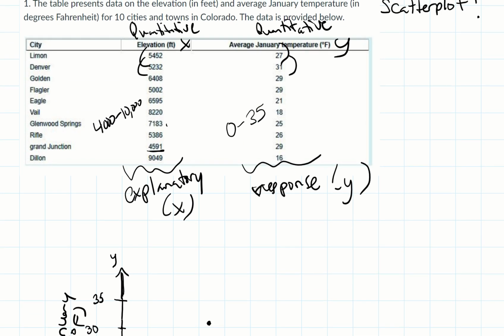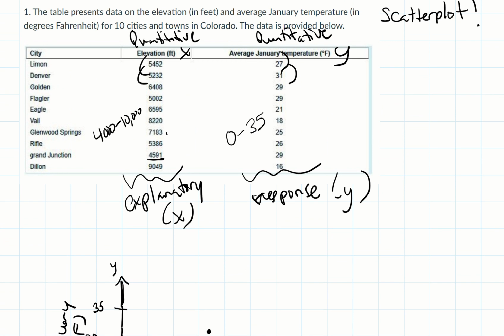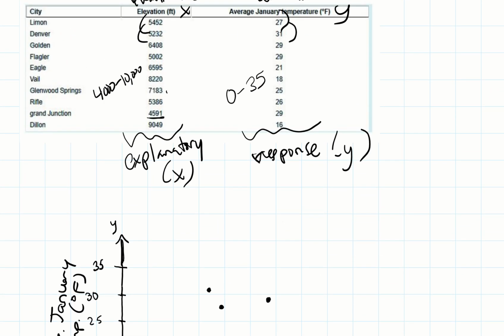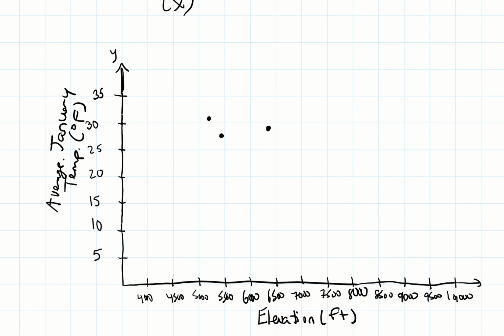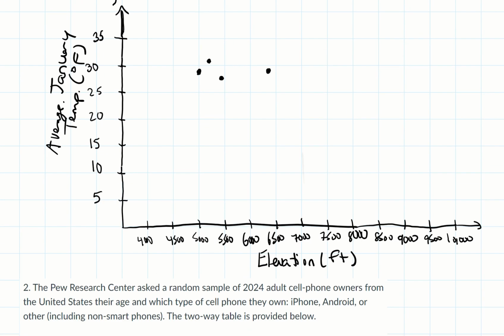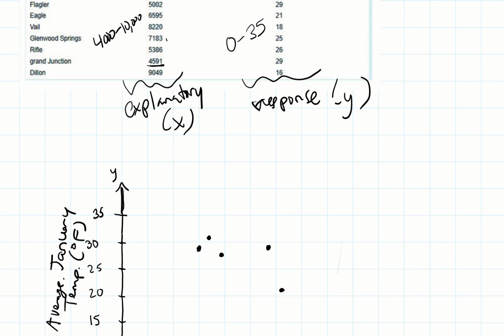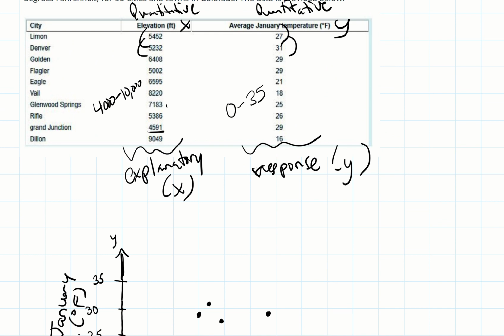It could be an estimate. 6,429. 5,029. 6,621. 8,218.